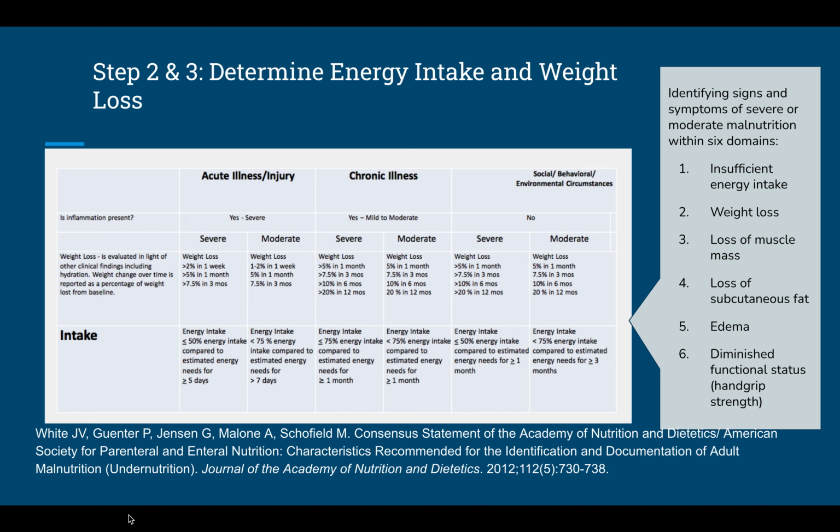For an acute one, it's an energy intake of less than or equal to 50% of estimated energy requirements for 5 days or more. So this could just happen super quick, and this is something that might change the diagnosis of malnutrition from day one when you see the patient to day seven when you see the patient for the second or third time.